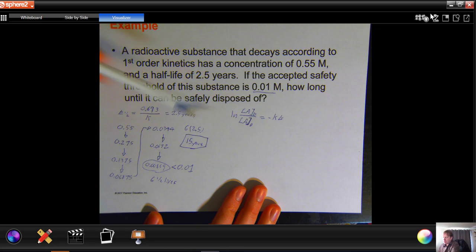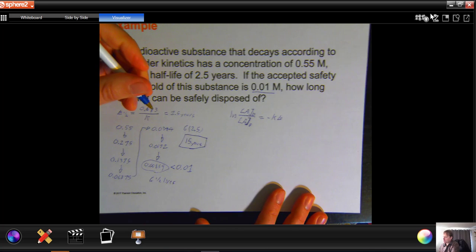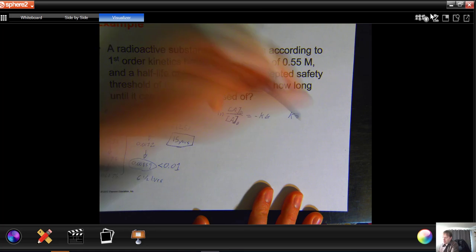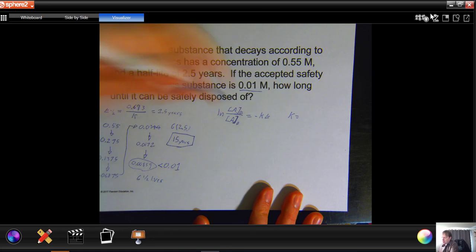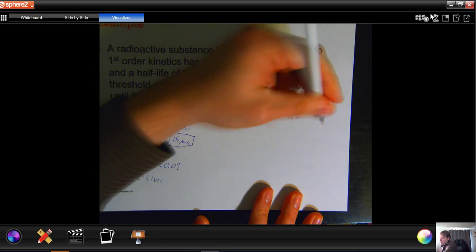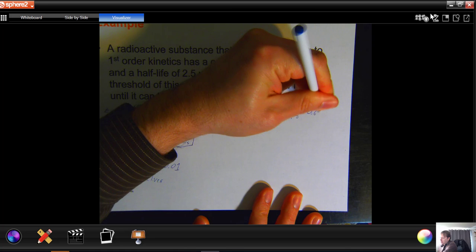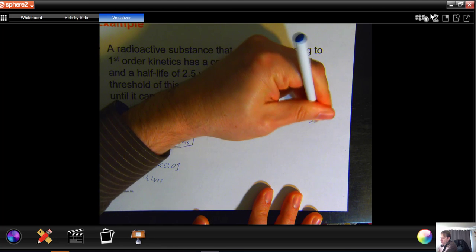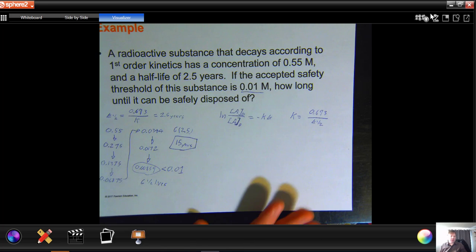We don't have k, but we can find it from this, right? So let's maybe start with that. So we can say k, doing a bit of algebra here, we multiply by k, divide by the half-life. So k is equal to 0.693 divided by the half-life. And the half-life we know is 2.5 years.